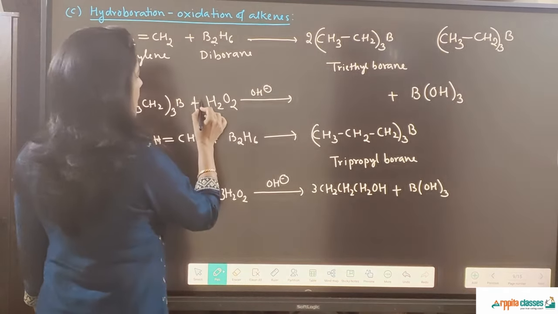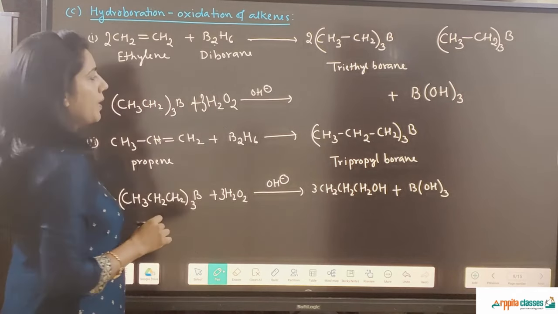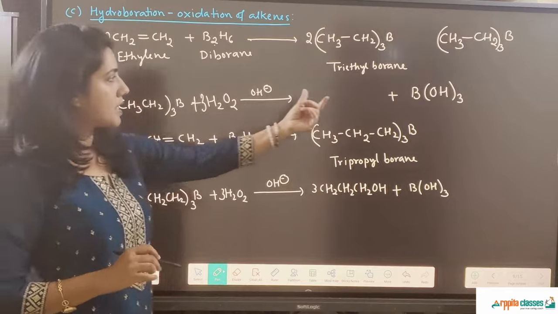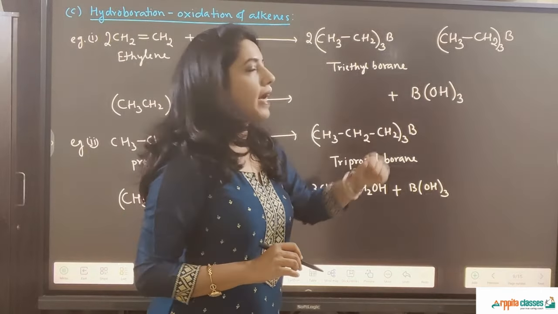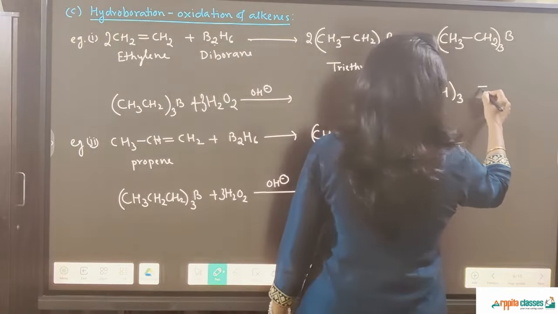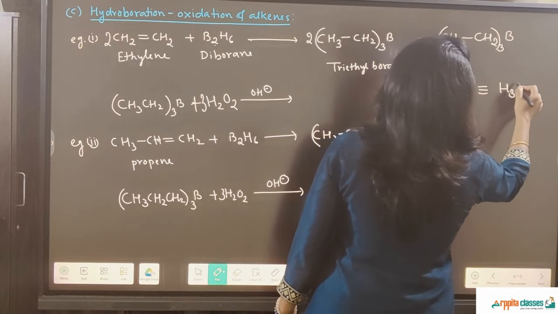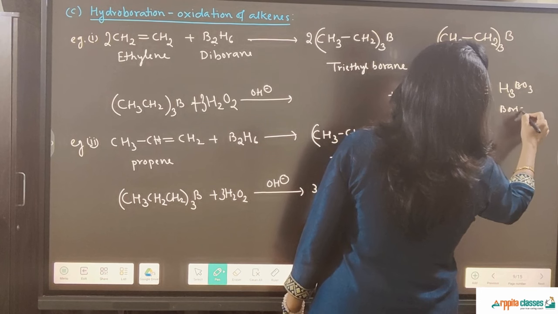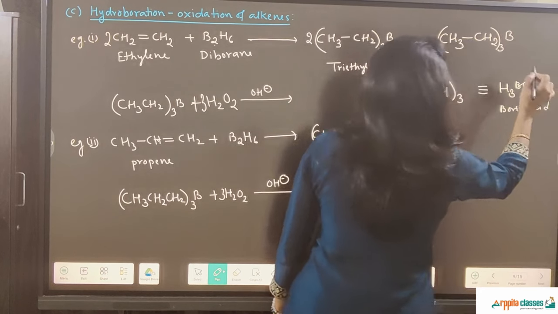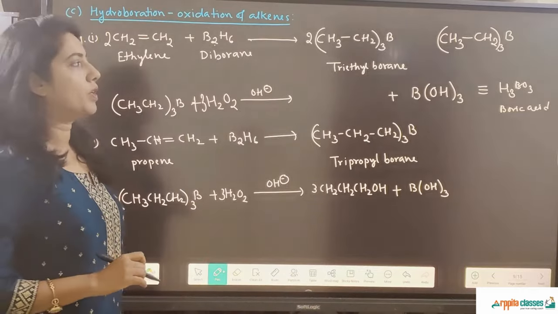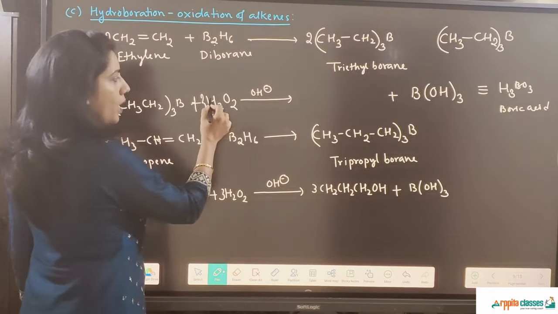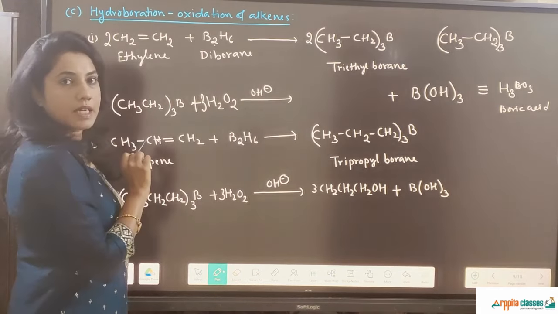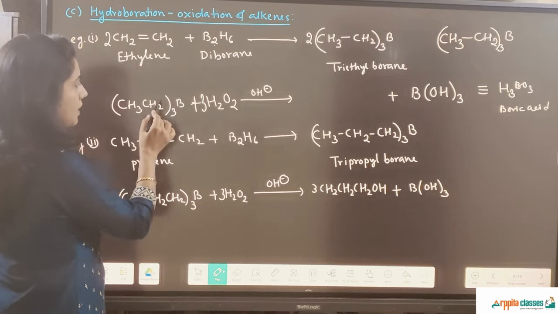Now oxygen is 3, so make it 3 over here. Now you can see 3 oxygen, and 3 hydrogen is still left because 3 OH has come out with boron. This is boric acid actually. The structure of this is H3BO3, which is called boric acid. We can write it as H3BO3 or as B(OH) whole thrice. So 3 O and 3 H has gone with boron. Another 3 hydrogen and 3 oxygen is left, which will be reacting with this part.